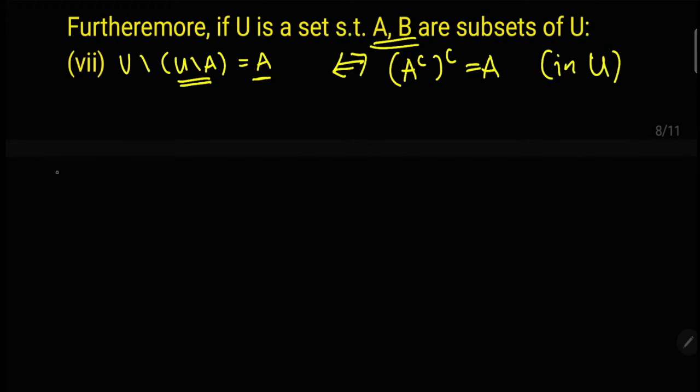How do we prove it? Again, to prove equality, as always, you get an element of the first set and show that it is also an element of the second set, the set on the right hand side.